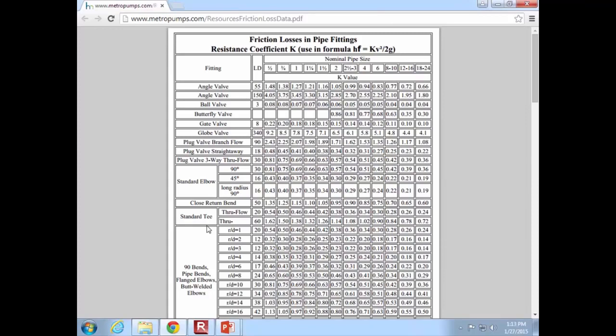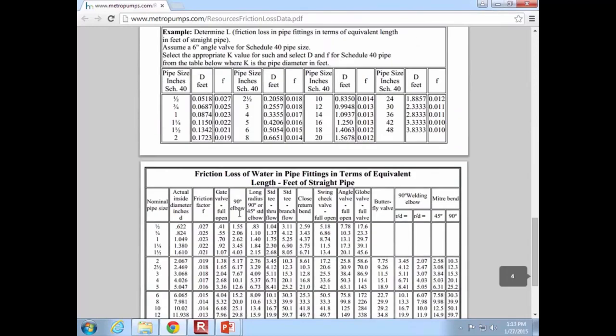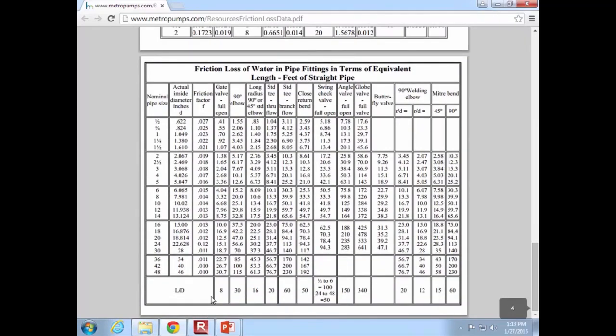I think what it maybe means is that if you have a 4-inch diameter ball valve, then it would be 3 times 4, so it would be 12 inches long, the physical dimensions. That's my guess. That globe valve is 340 length to diameter. That could be off, but that's how it seems they're using L to D here.